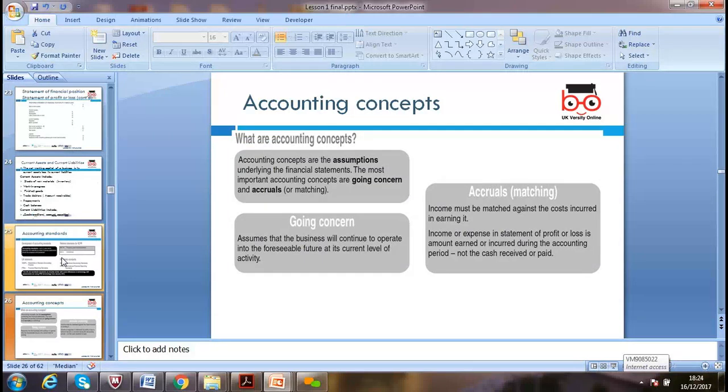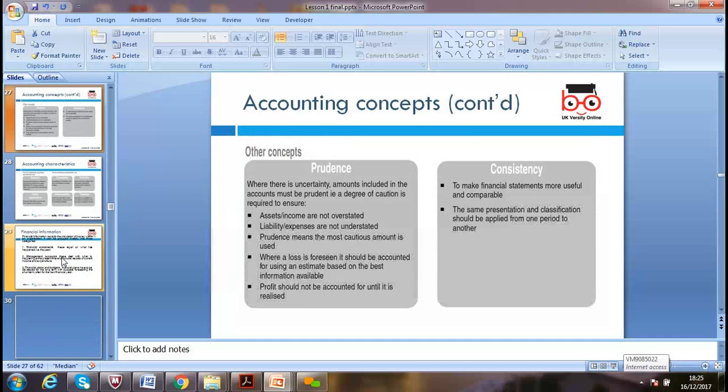Going concern means the company will carry on as a normal business, judging by the financial statements. Accrual: we look at how much income we have and how much expense we have, and we match them. Prudence: we can test the asset, we can prove it.